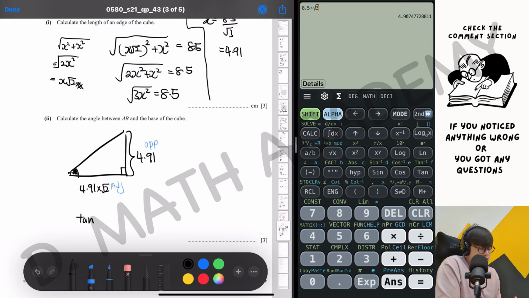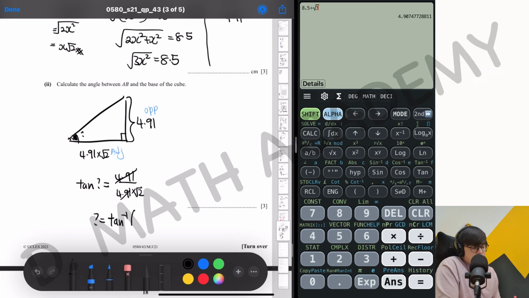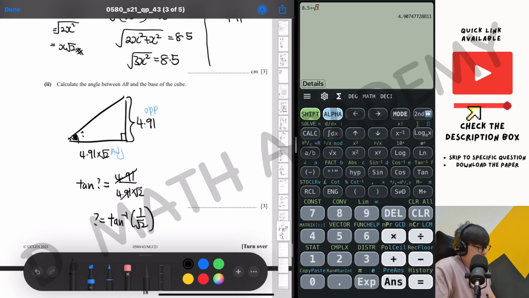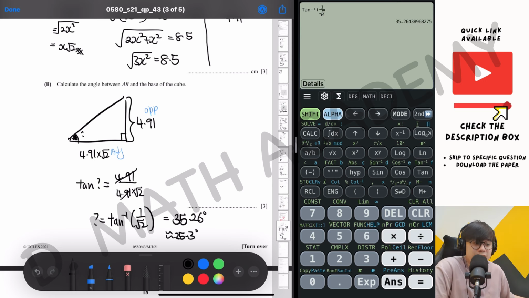So from tangent, you know that your unknown equals tangent inverse of 1 over square root 2, which will be your final answer. 35.26 degrees or 35.3. That will be your final answer here.